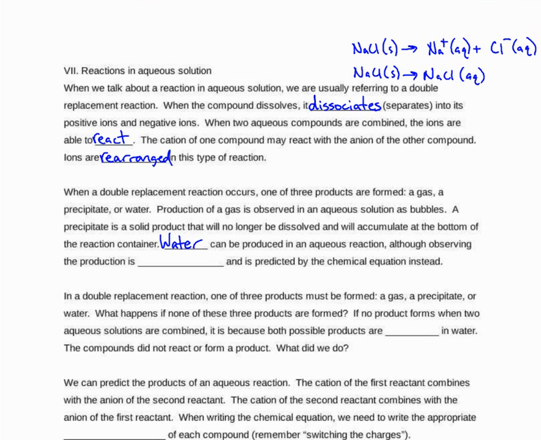So observing the production of water is difficult. Basically, it's predicted on paper. So we know that water was produced on paper, which tells us that we know it happened in the real world. We just couldn't see it because we were looking for a little bit of water when there was a lot of water everywhere.